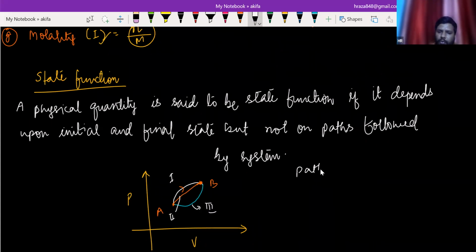So if you are going through path one, and you take delta P, that means change in pressure, it will be final minus initial, yes or no?